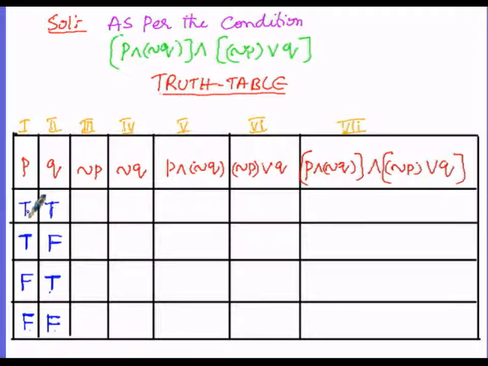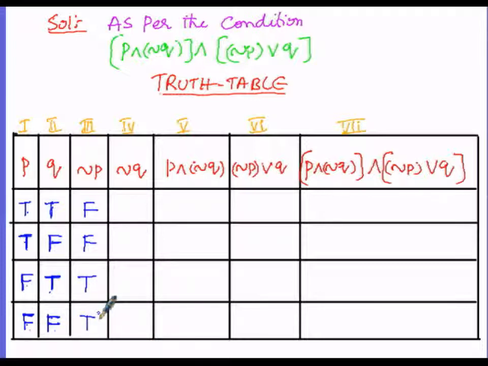If it is not true, then automatically it must be false. Now in the second case, if P is true, then the negation of P will be not true, so it must be false. Then P is false, so the negation of P will be not false, and automatically it must be true. Likewise, if P is false, then not false means it must be true.